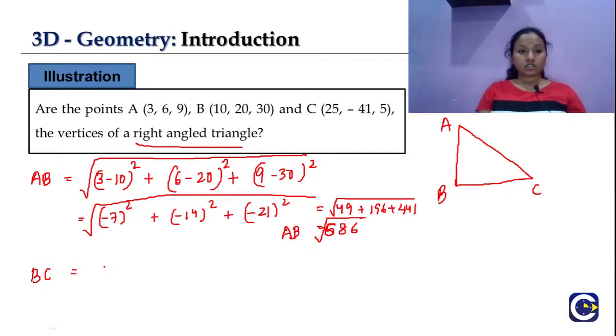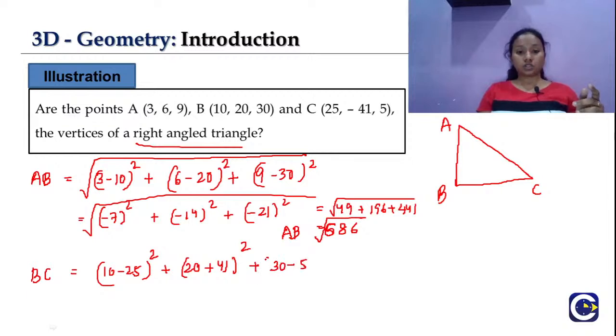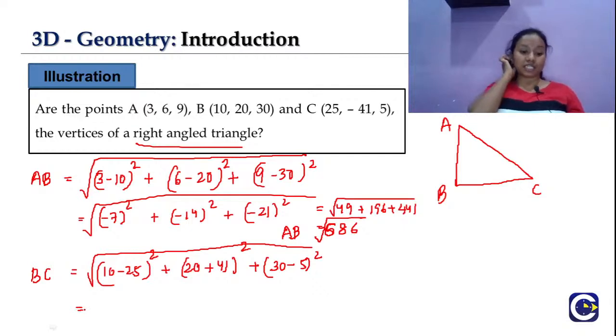So BC: (10 minus 25) whole square plus (20 minus of minus 41), so it will be plus 41, whole square, plus (30 minus 5) whole square, under square root. So now I'll write it down here. 10 minus 25 will be minus 15, so minus 15 whole square.